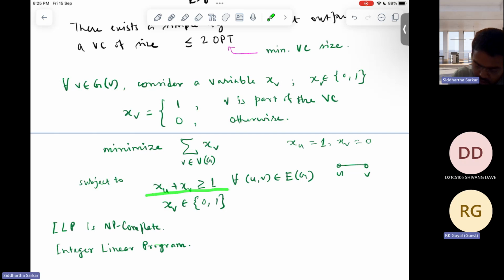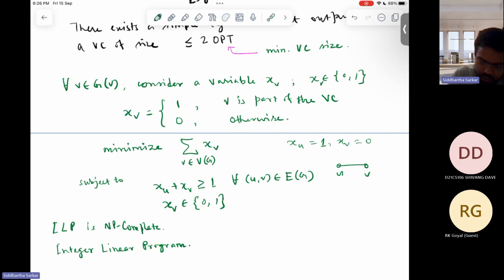So that's why it's a linear constraint. Such a program is called an integer linear program because you are considering the domain from which the variables are to be assigned values to be integers. Okay, no fractions allowed.